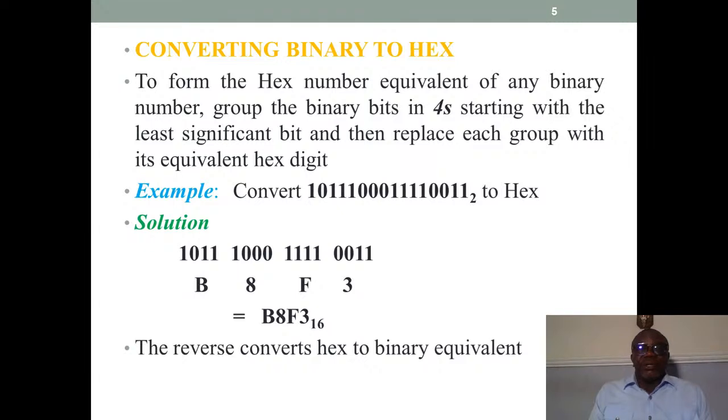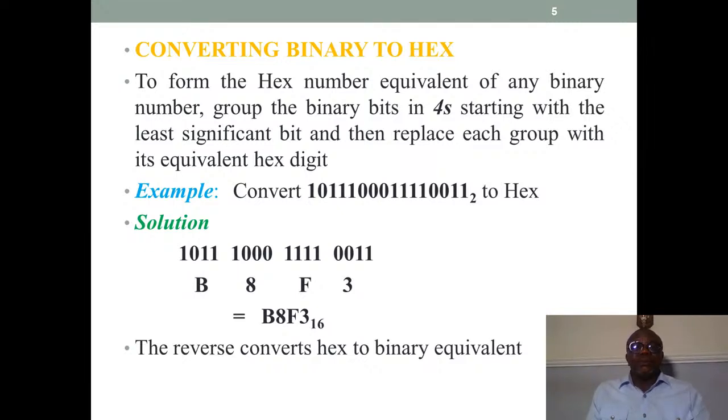For example, if we are to convert this string of binary numbers to its hex equivalent, we start from the least significant bit, which is the rightmost bit. We group them in fours, starting from the right, 4, 4, 4.